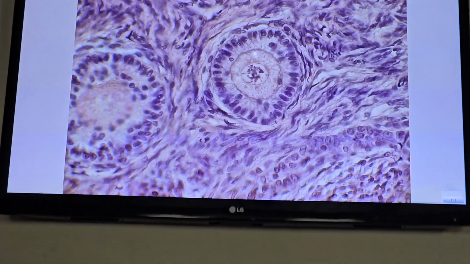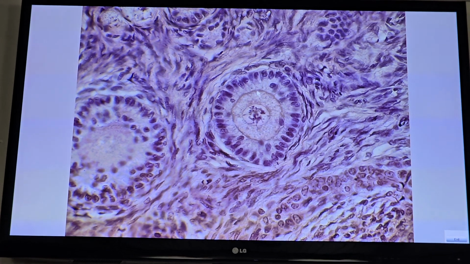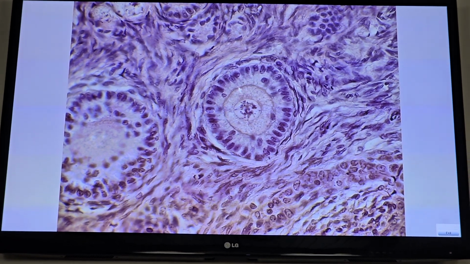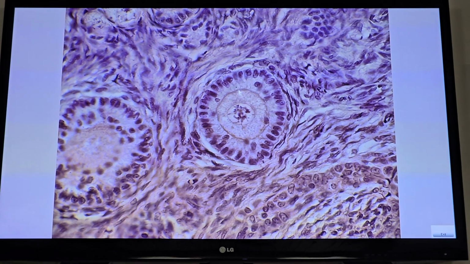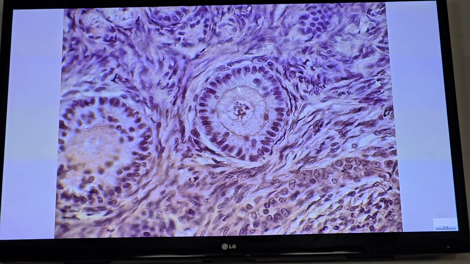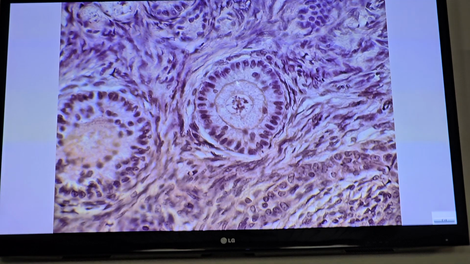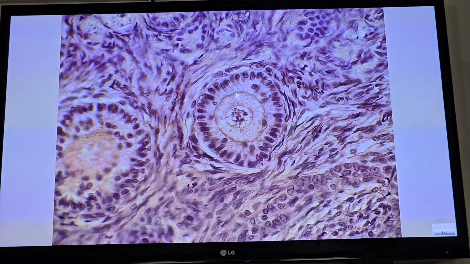Zona pellucida, an extracellular material secreted by the oocytes. Zona pellucida contain many proteins. The most important proteins in here, zona pellucida 3 and 4.